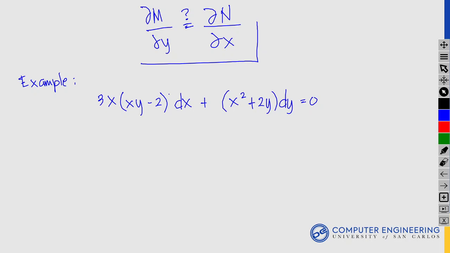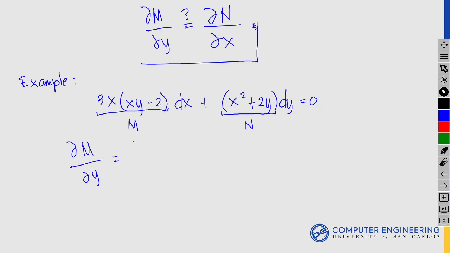The first thing we do is check if we can use the succeeding solution by performing this operation. We take M, which is the coefficient of dx, and the coefficient of dy is N. So we take the partial derivative of M with respect to y.